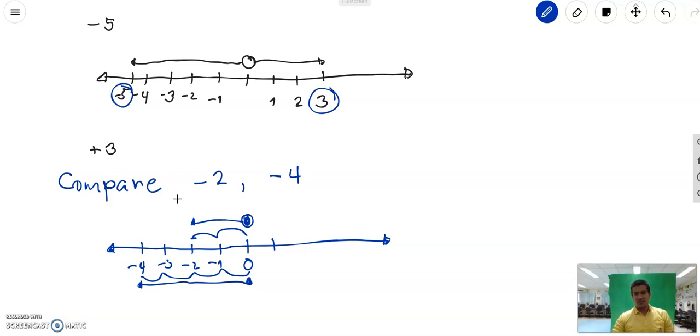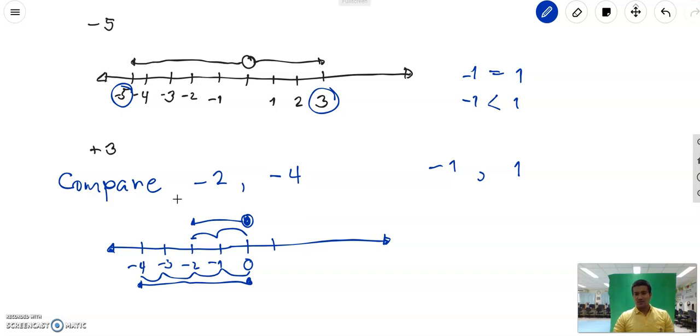Another example, we have negative 1 and positive 1. In mathematics, we cannot say that negative 1 equals positive 1, because negative 1 is less than positive 1. How?